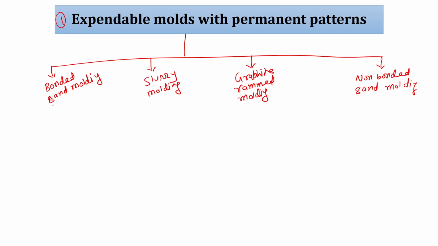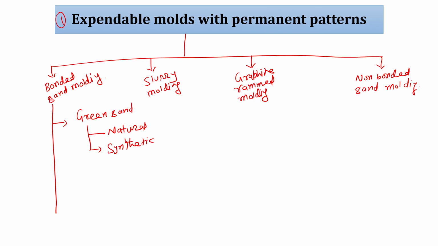So bonded sand can also be divided as green sand, which can be natural or synthetic. Second, CO2 based sand casting.